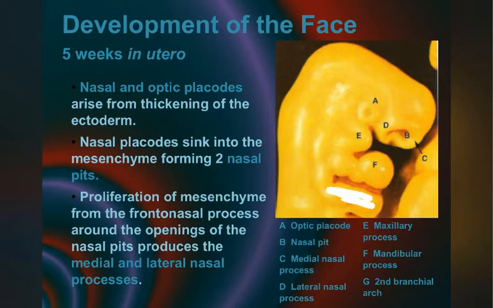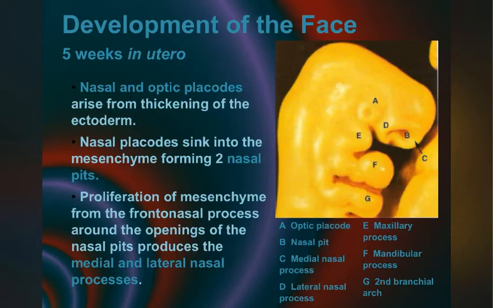Here we also identify the second pharyngeal arch, which is letter G here. It's also called the hyoid arch. The maxillary process plus the mandibular process, both are from the first pharyngeal arch.